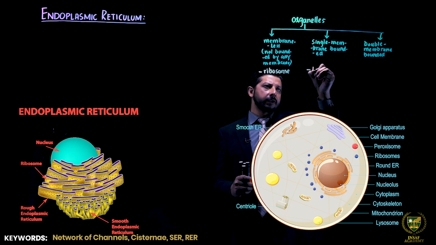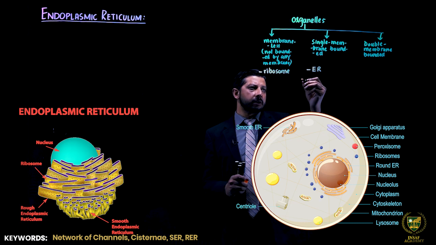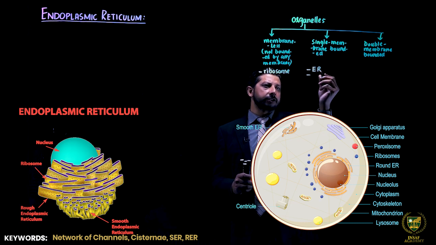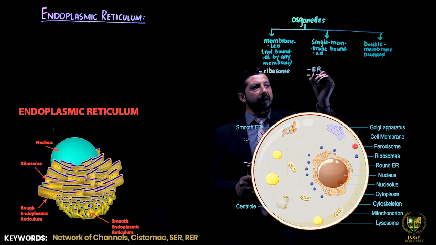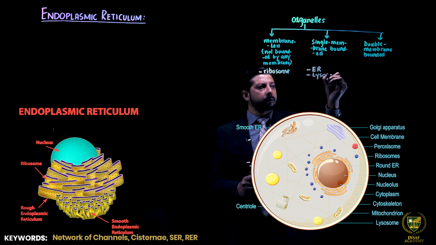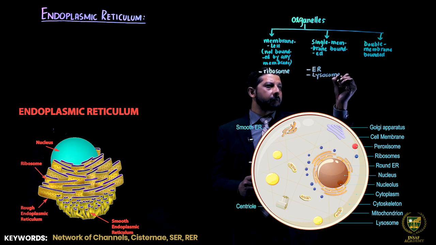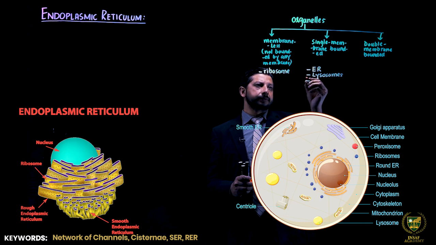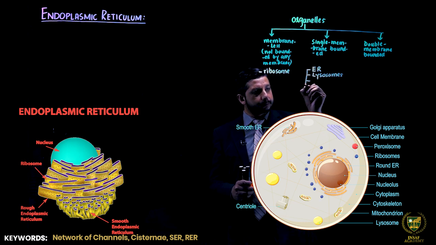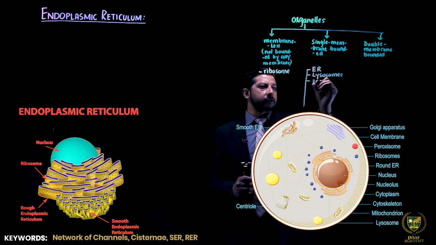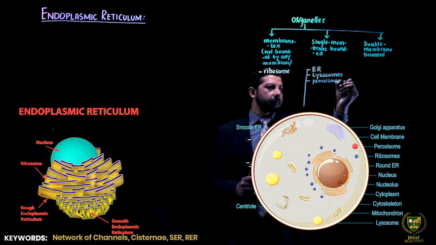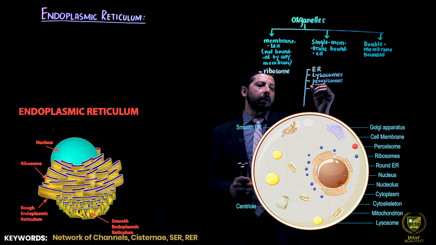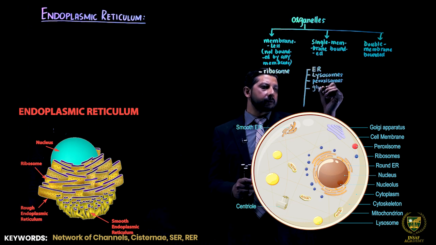It includes the endoplasmic reticulum, which we are going to discuss in this lecture. Number two are the lysosomes. Number three are the peroxisomes. Number four are the glyoxysomes.